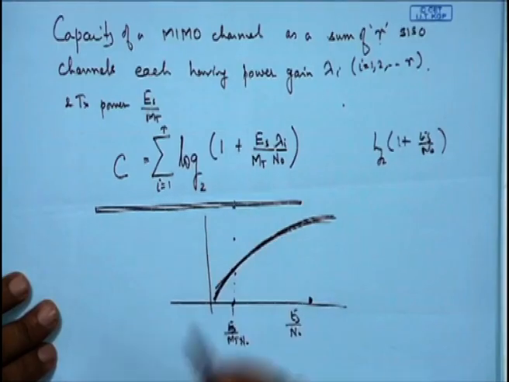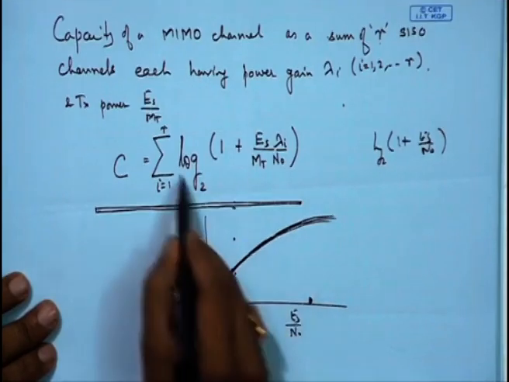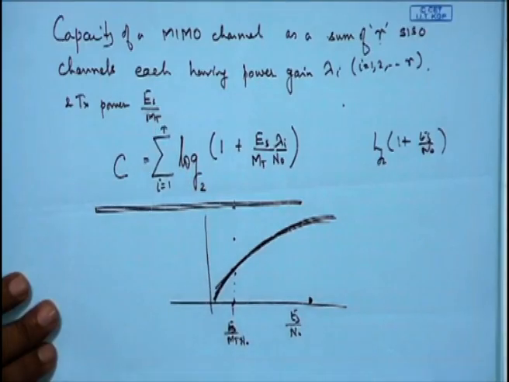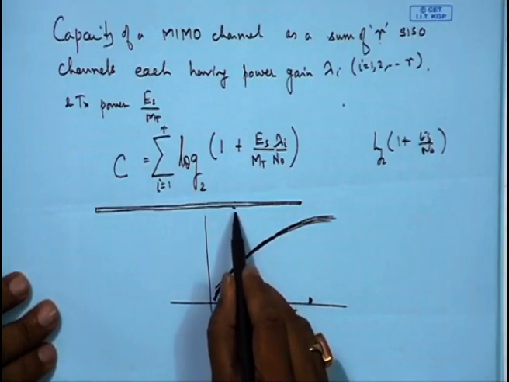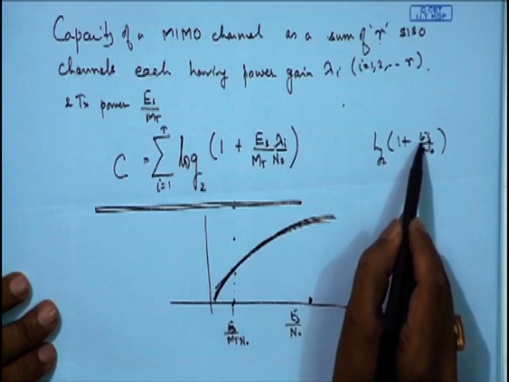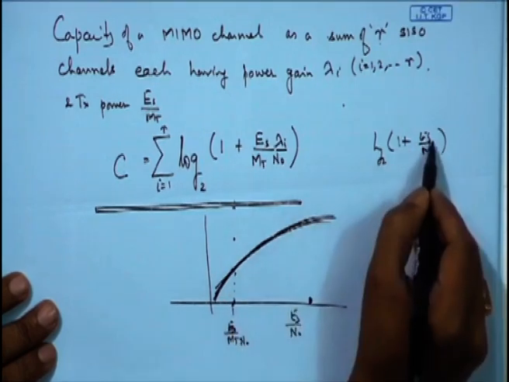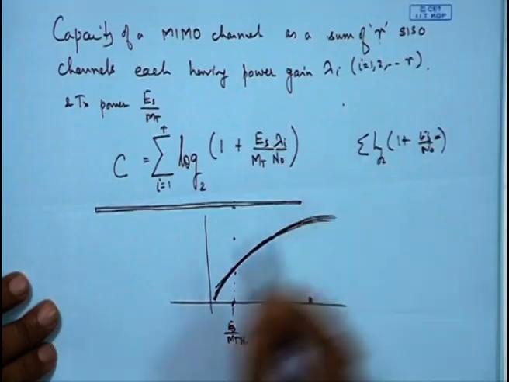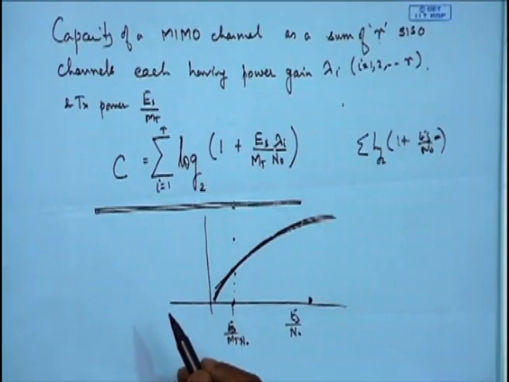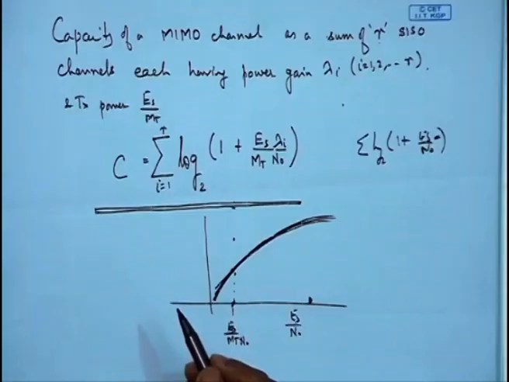So there is significant improvement in capacity, basically some kind of linear increase in capacity. And as you increase Es upon Mt, it's not simply logarithmic growth. There is a summation, which describes that there is a linear growth in capacity for such systems.